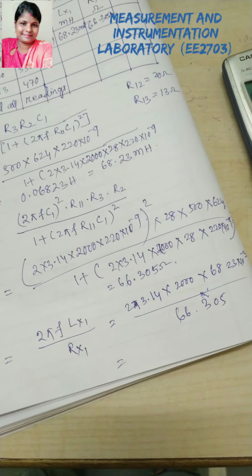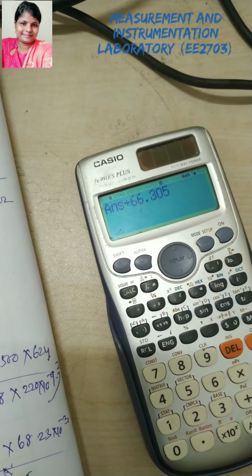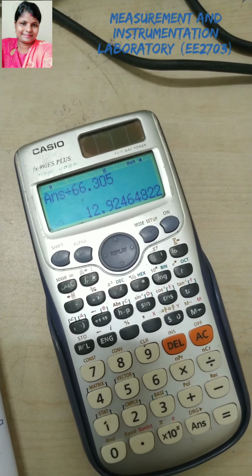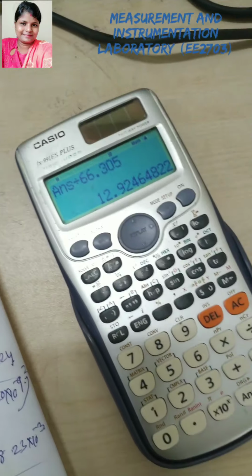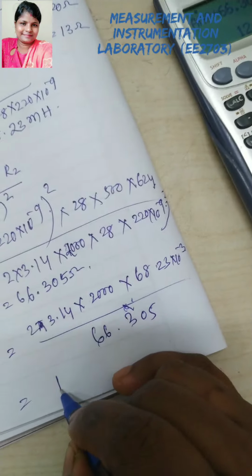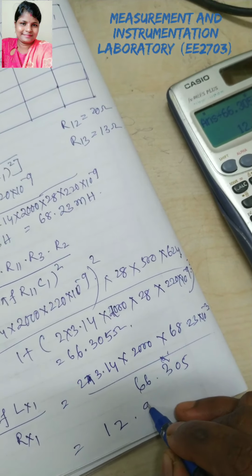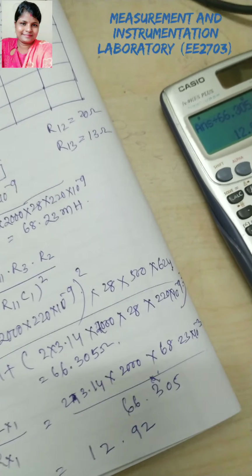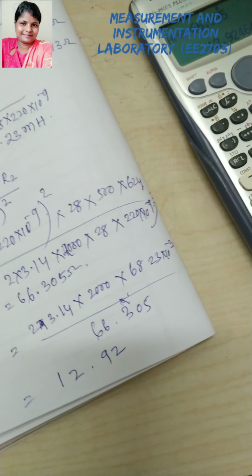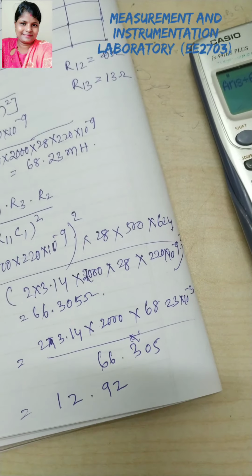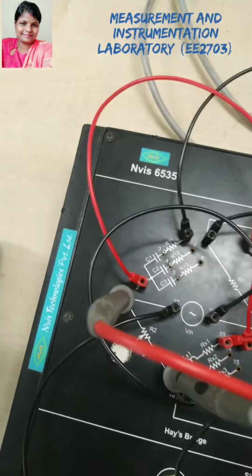So calculate. The value is 12.92, that is greater than 10.